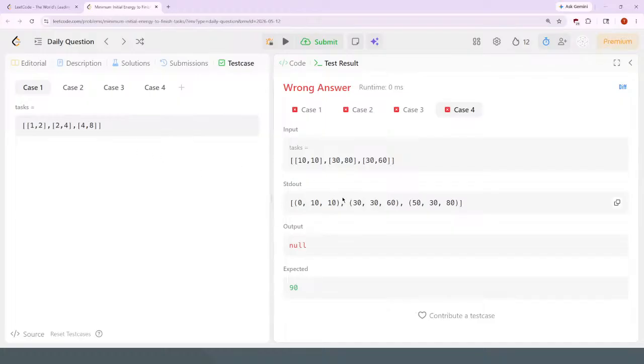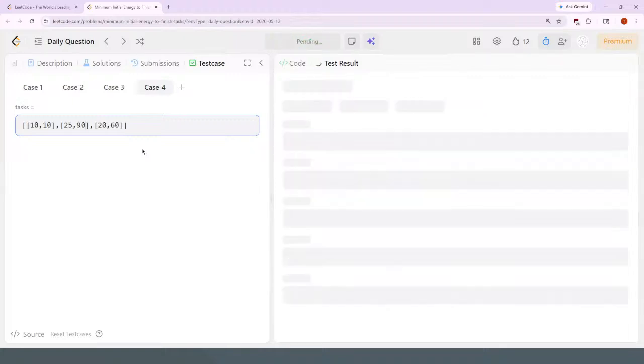Okay, so let's try. Then what happens? Okay, let's try a different one. So let's say it's 10, 20, 60, and let's say it's 25, 90. So this is 85 maybe.